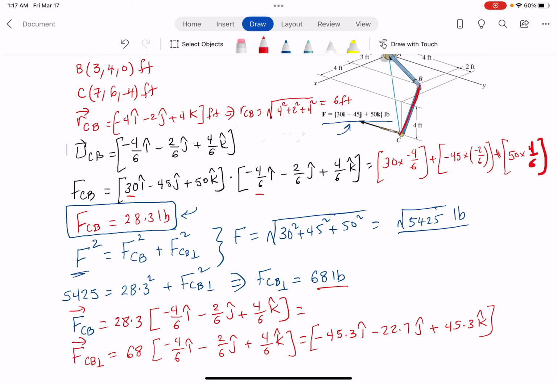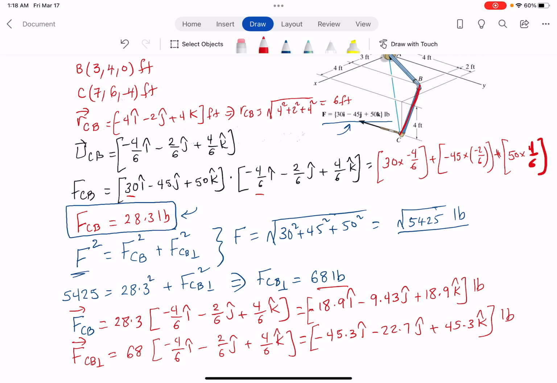And the other one: 4/6, that's in a minus, times 28.3, that's minus 18.9i. 2/6 times 28.3, and that is minus 9.43j. 4/6 times 28.3, and that is 18.9k.